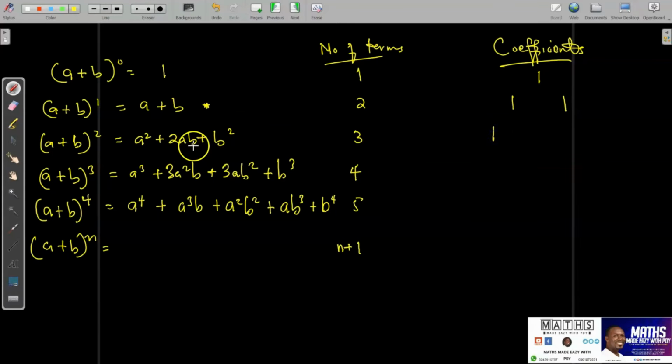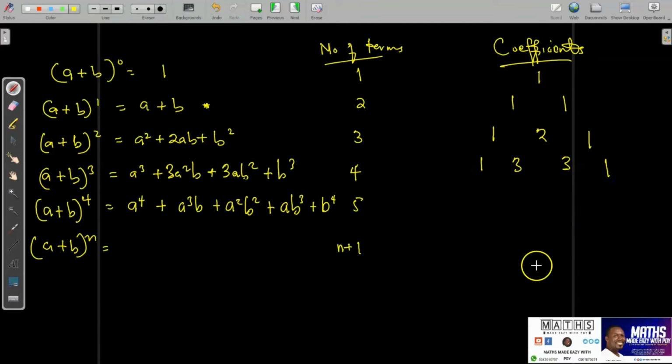The coefficient of ab is what? 2. And then the coefficient of b squared is what? 1. Now coming to a plus b all cubed, the coefficients will be 1, 3, 3, 1.